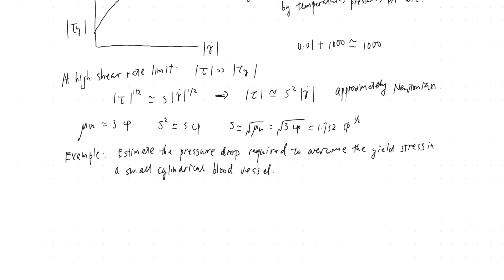So the yield stress is usually 4 times 10 to the power of negative 3 Pascal. So it's a very small number. So it's not so hard to break the red blood cells.